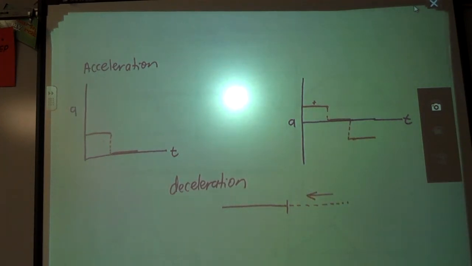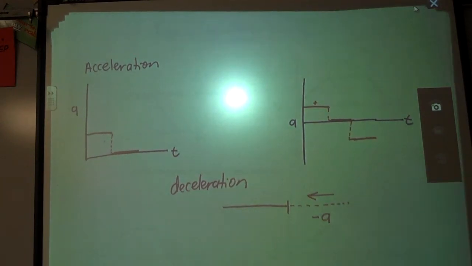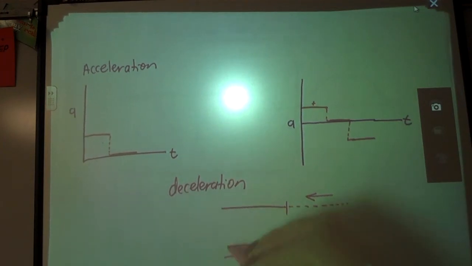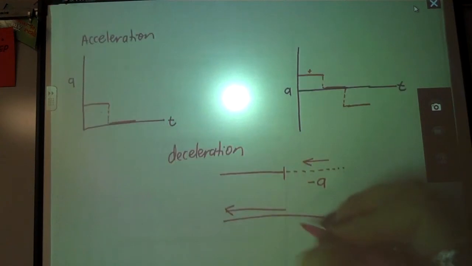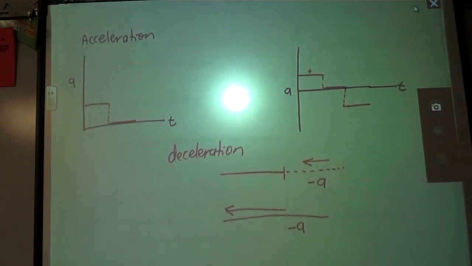So I am accelerating in the opposite direction, in this case, the negative direction. So to slow down is a negative acceleration. To speed up in the negative direction is also. So if we go faster in the negative direction, that is also negative acceleration.